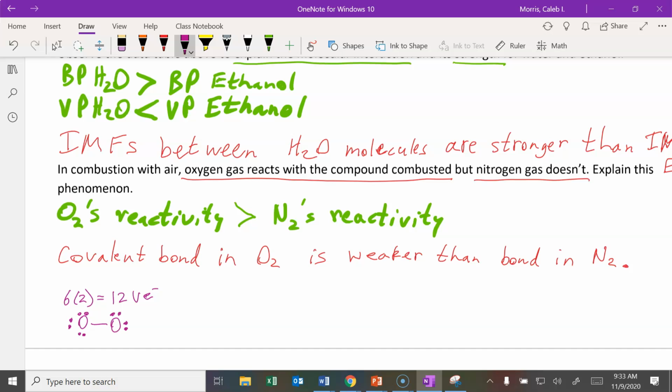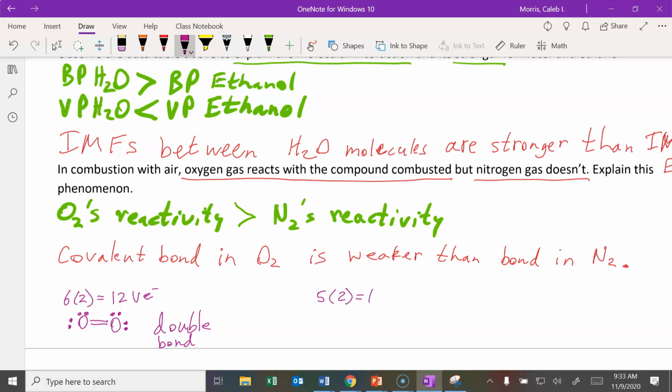Obviously, this oxygen's not happy, so I would need to erase this bond and make it a double bond. So we have a double bond in oxygen.